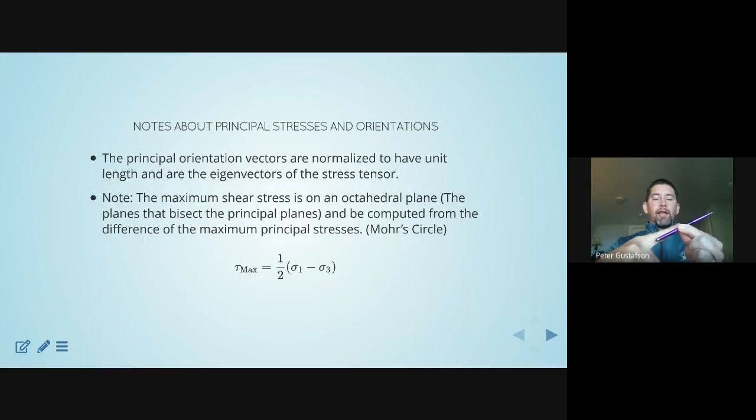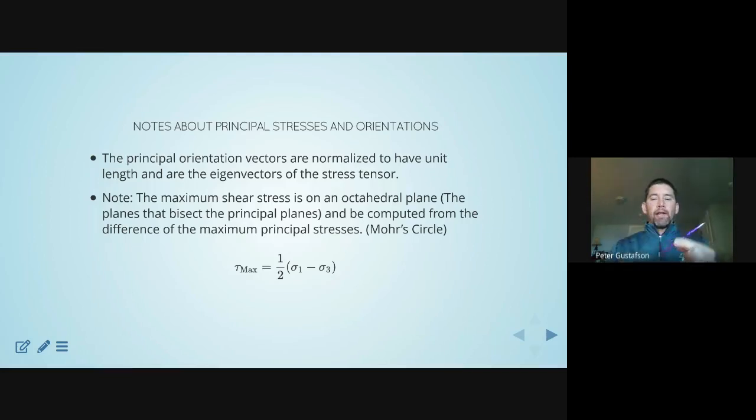Intuitively, this is the orientation where that second magnitude is the largest. As I rotate around in this two-dimensional world to a 45-degree plane, this one has equivalent normal and shear components. That's the orientation that maximizes the shear component in this two-dimensional world.